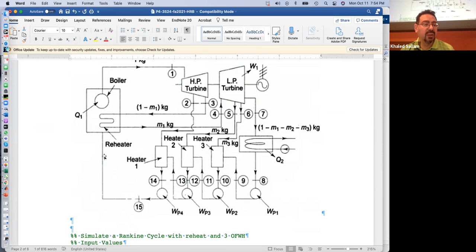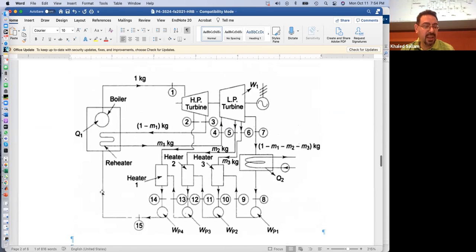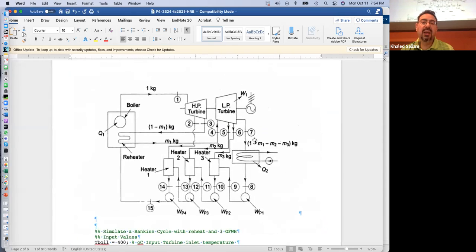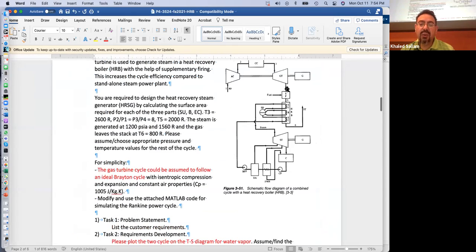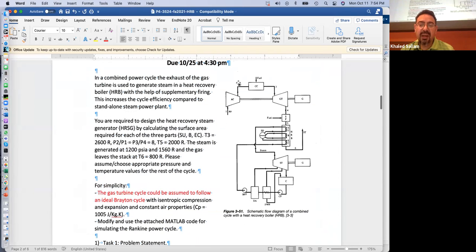And so once you know the temperature coming in, then this temperature minus this temperature will tell you the energy that this guy required, which will tell you how much m dot air is coming here, and then you can size that heat exchanger. You can size the whole cycle now. Okay, make sense?